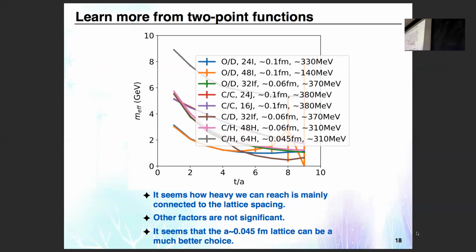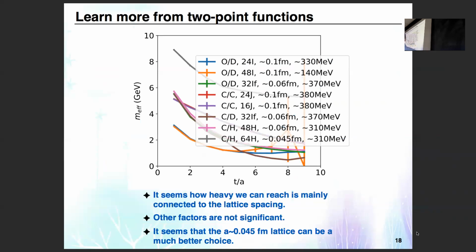Then these 2 are clover on clover with a similar 0.1 Fermi. But I need to say these 2 are anisotropic lattices. This is the spatial lattice spacing, but the temporal lattice spacing is much finer. And then we have this one, which is 0.06 Fermi, and finally we have this 0.04 Fermi, which is here.